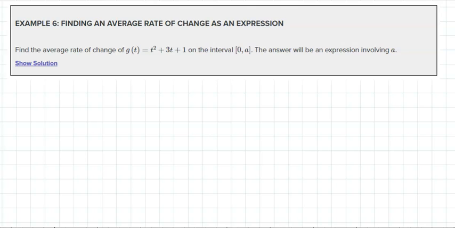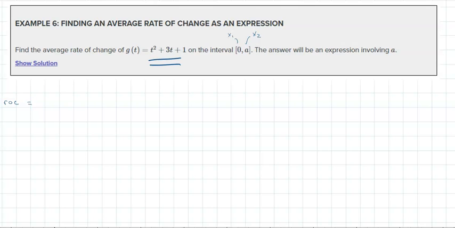All right, so rate of change is just going to be, remember, this is our x1 and this is our x2. If we plug in x1 and x2 into this expression, we're going to get what we're looking for.